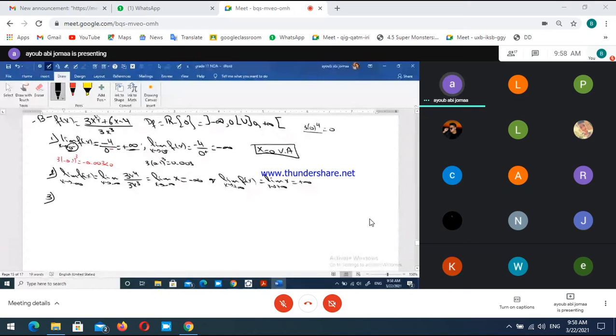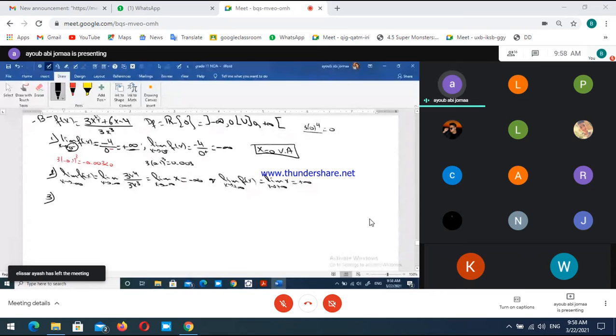Now in part 3: show that the curve C admits an oblique asymptote of equation y equals x.